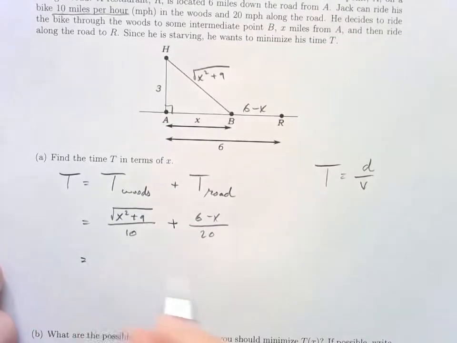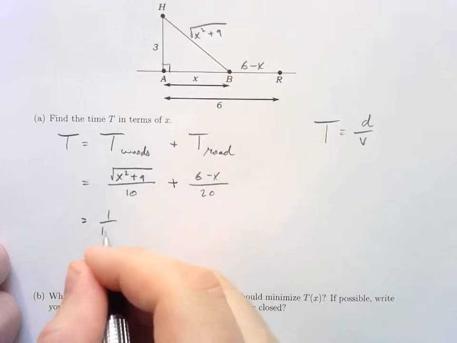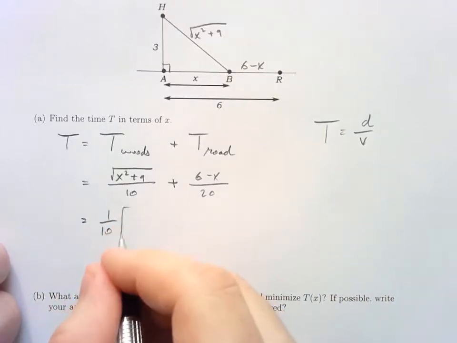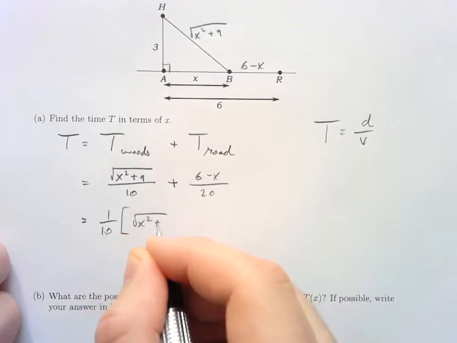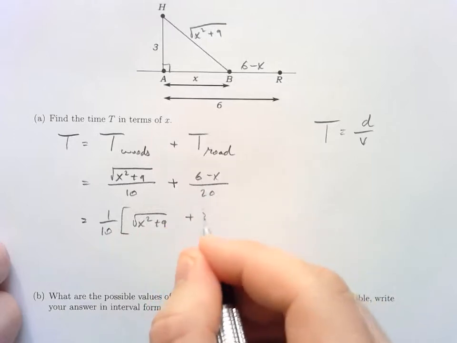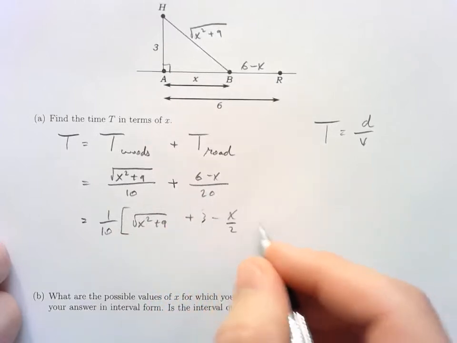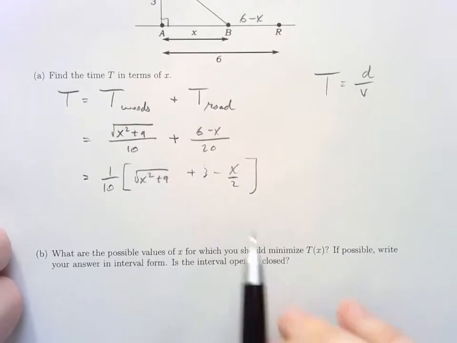And what I'll do here, just to make my life easier in the next step of the problem, is I'll factor out a 1/10, and I will write this as square root x squared plus 9 plus 6 over 2 is 3 minus x over 2. So that's the total time in terms of x.